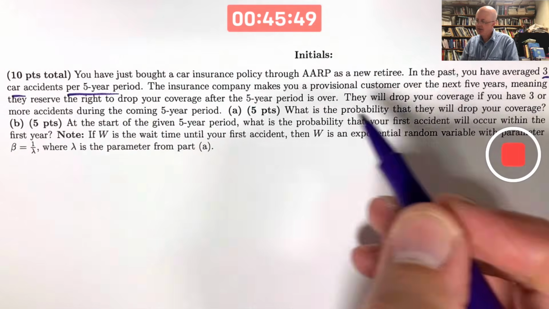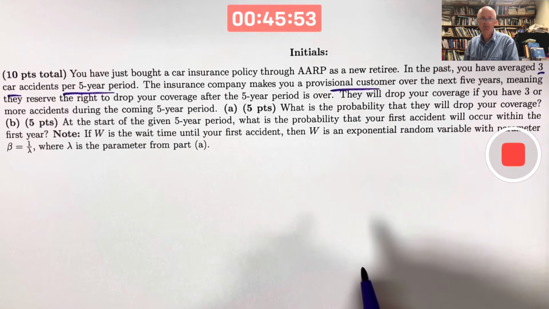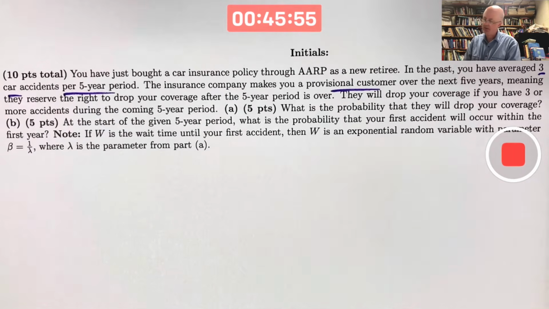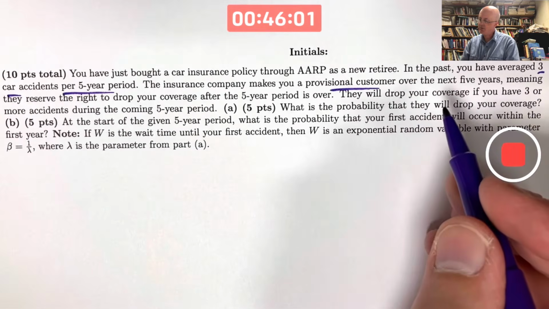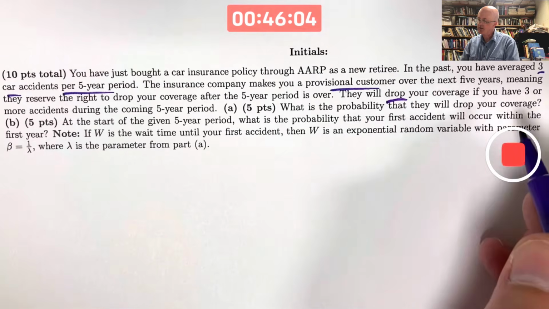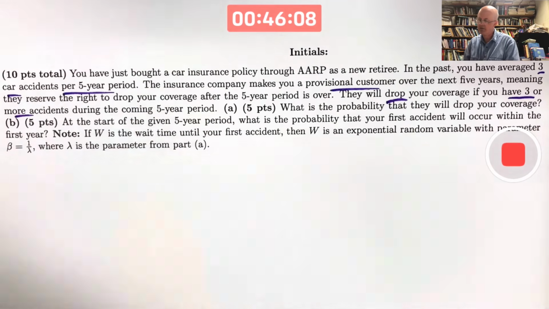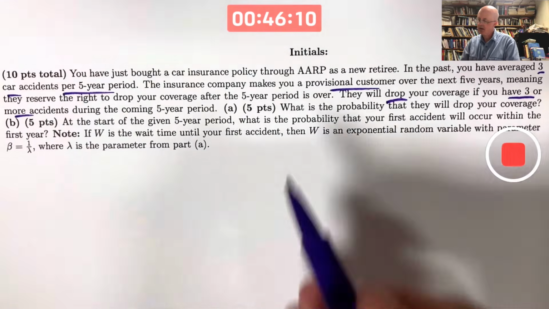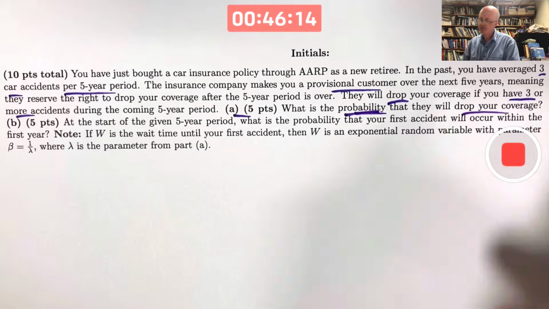The insurance company makes you a provisional customer, saying we'll continue to offer you insurance maybe after the 5-year period if you don't drive too badly. They're going to drop your coverage if you have 3 or more accidents during the coming 5-year period. Part A, what is the probability that they will drop your coverage?